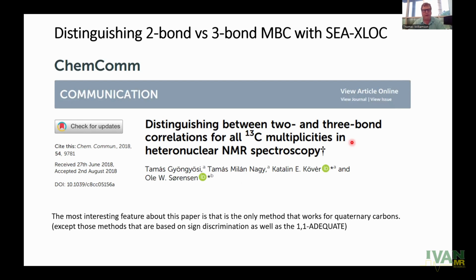A little while later, in 2018, Ole Sorensen and Katalin Kover published what appeared to be another groundbreaking, incremental improvement in distinguishing two-bond and three-bond multiple bond correlations. This experiment was called the SEA-XLOC experiment.